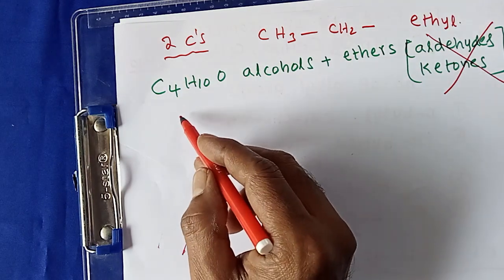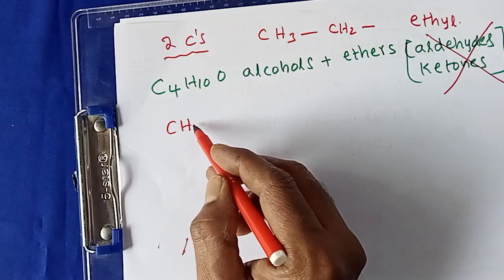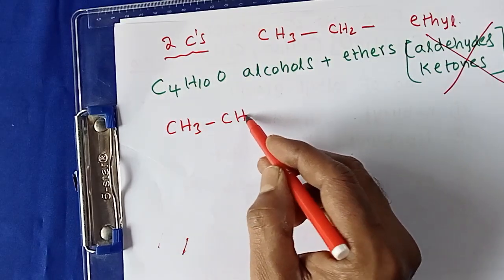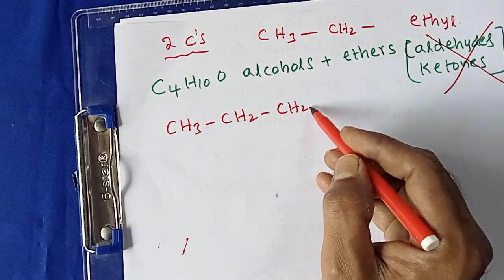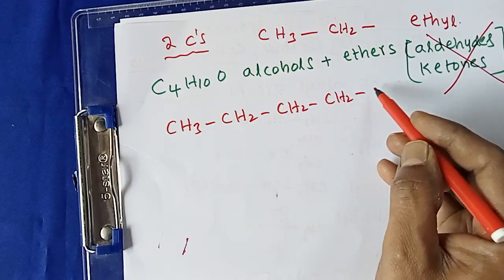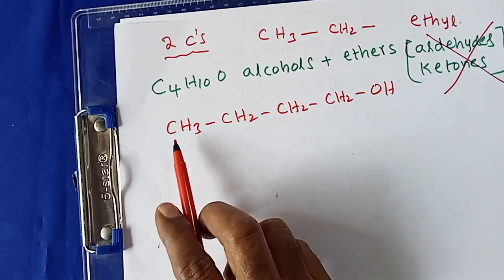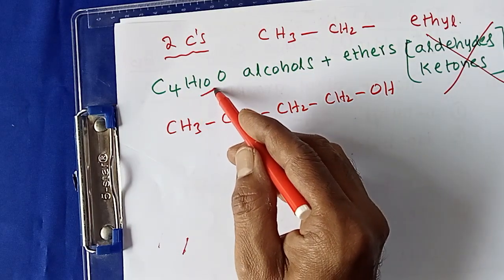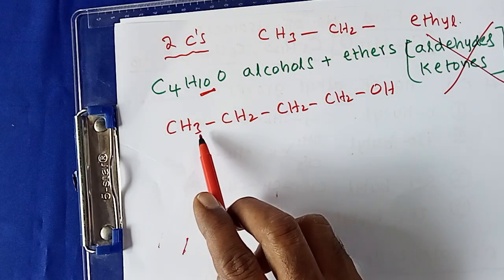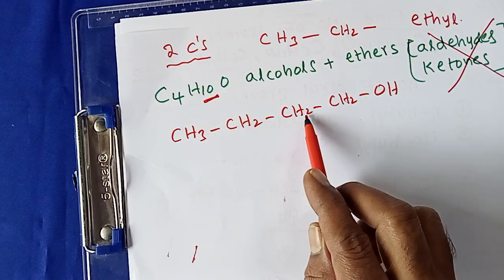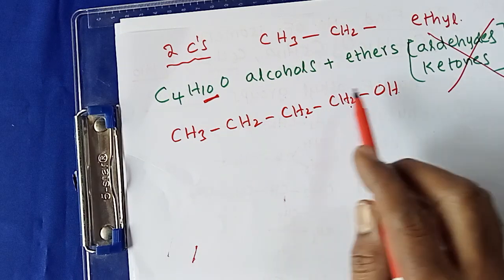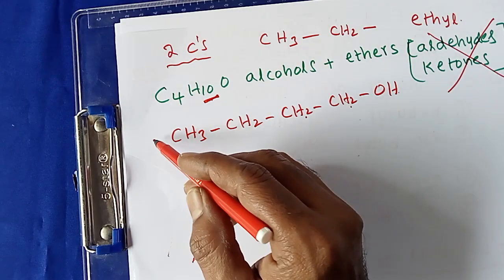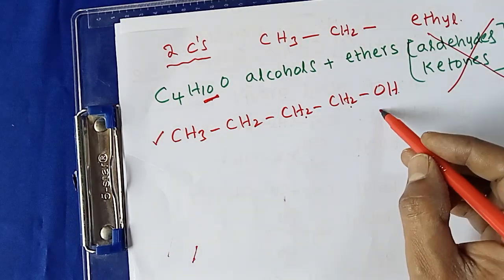With 4 carbons, one alcohol you write down: CH3, CH2, CH2, CH2, OH. What is the molecular formula? 4 carbons, 1 oxygen. Okay, but hydrogens are important here. Hydrogens how many? 3 plus 2, 5 plus 2, 7 plus 2, 9 plus 1, 10. So formula satisfied for alcohol.